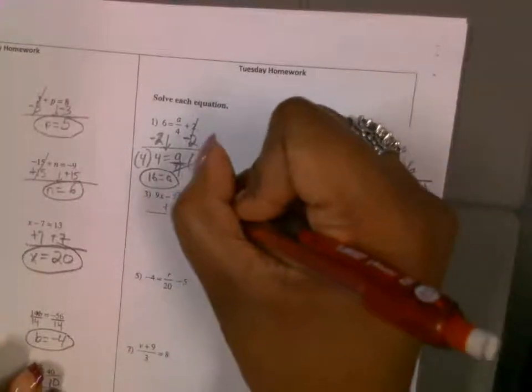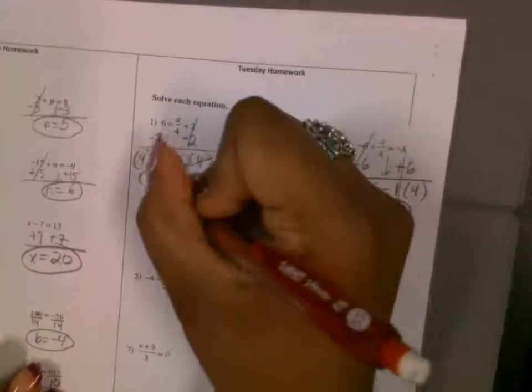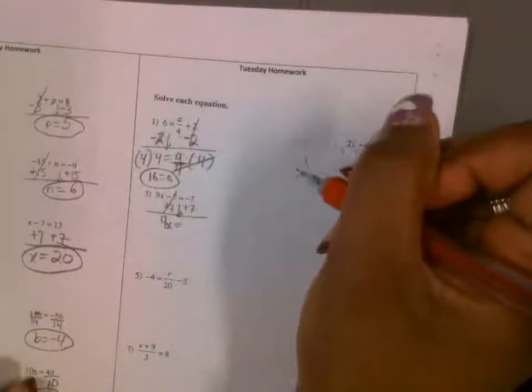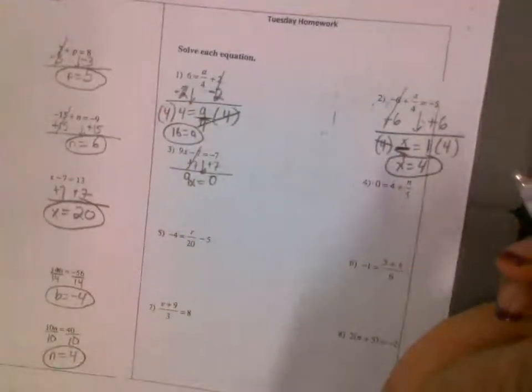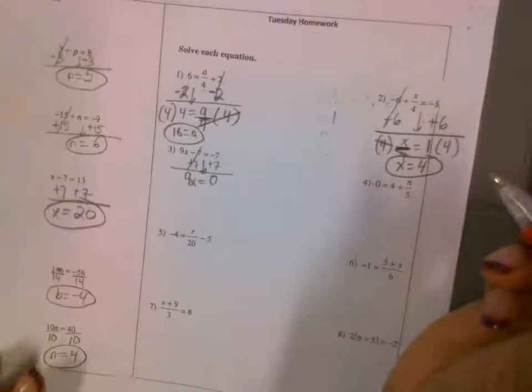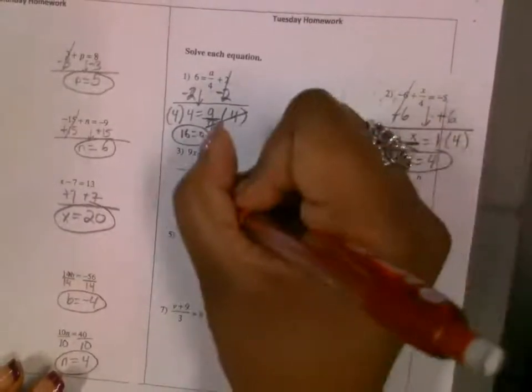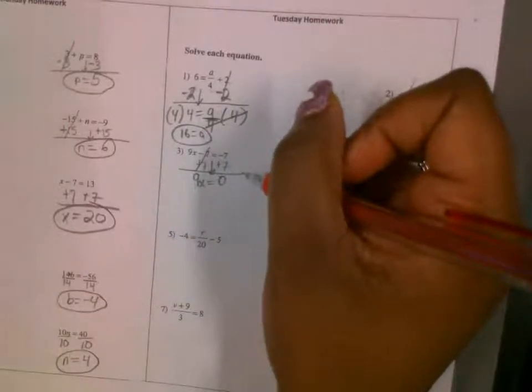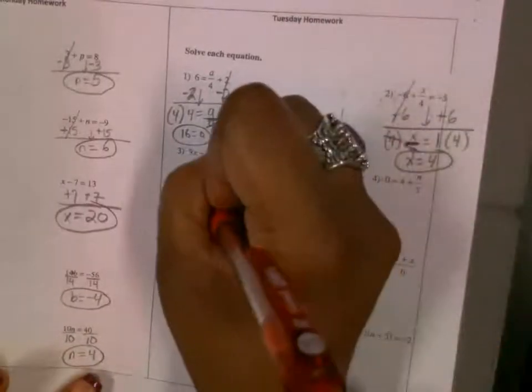When you add 7 to both sides, this is gone. And we're left with 9x is equal to, what's negative 7 plus 7? 0. Said it right. Now what are we going to do to get rid of the 9 that is attached to x by multiplication? Division. We got to divide both sides by 9.